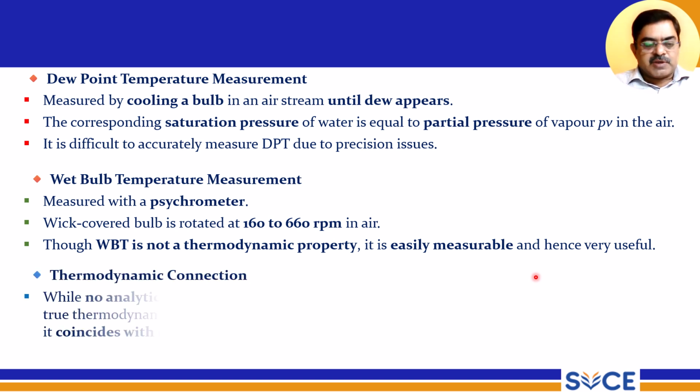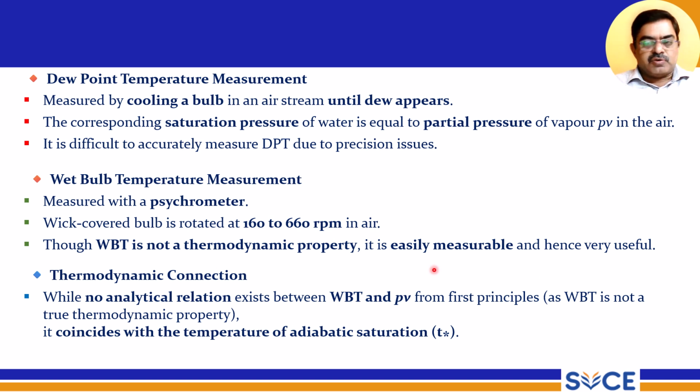Regarding the thermodynamic connection, while no analytical relation exists between wet bulb temperature and PV from first principles, the wet bulb temperature coincides with the adiabatic saturation temperature, which is T star.